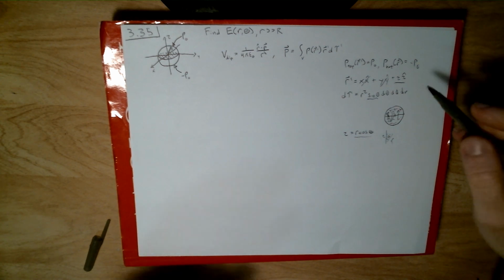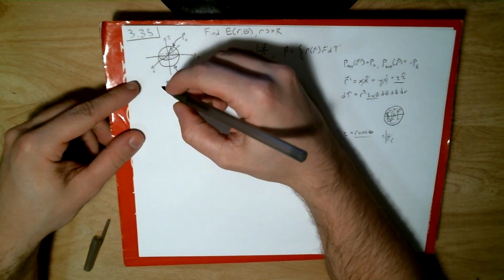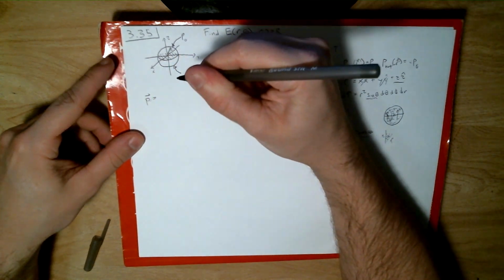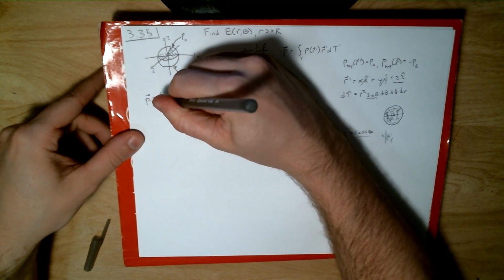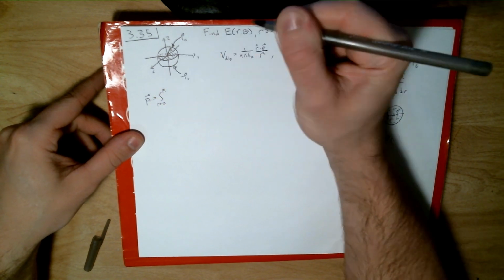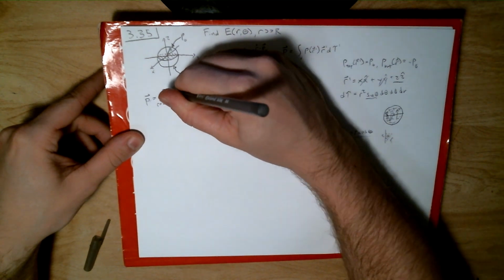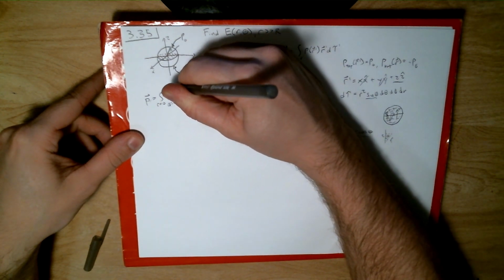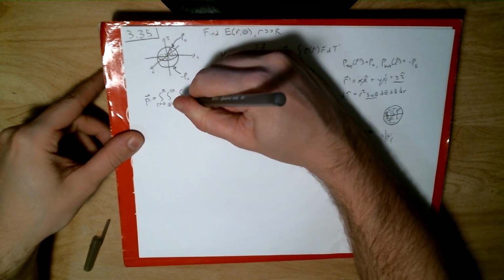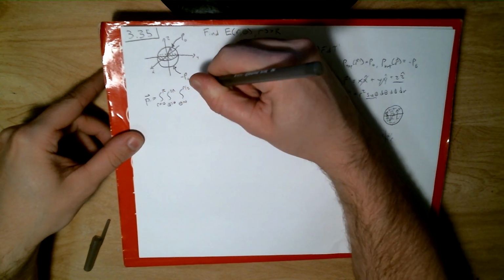So we can see that in action when we set up our integral finally, over here. Our dipole moment is going to be equal to the integral from r equals 0 to R, our radius, from phi equals 0 to 2 pi, and from theta equals 0 to pi over 2.